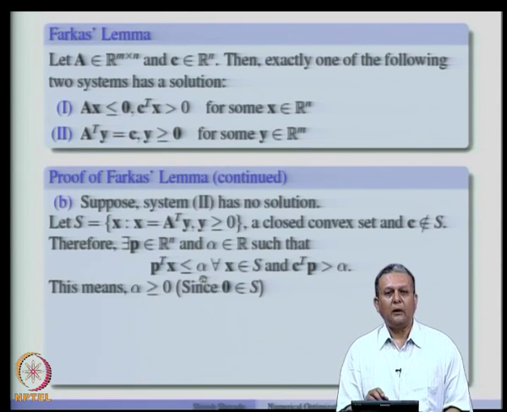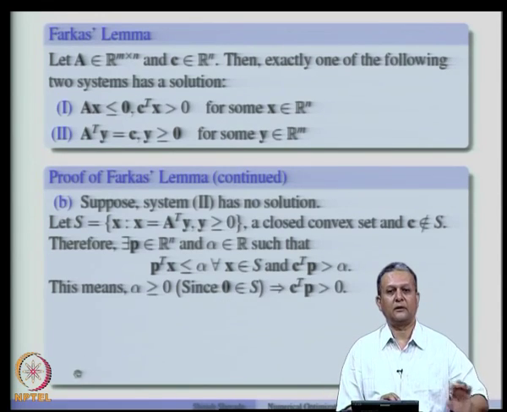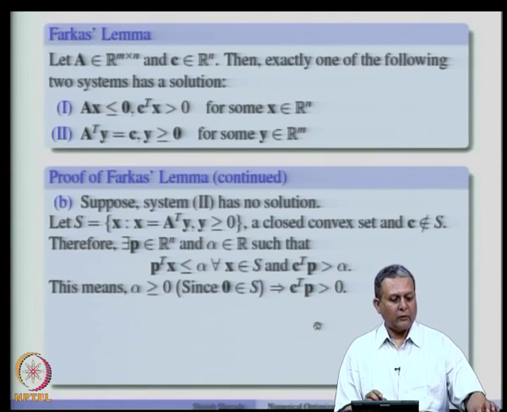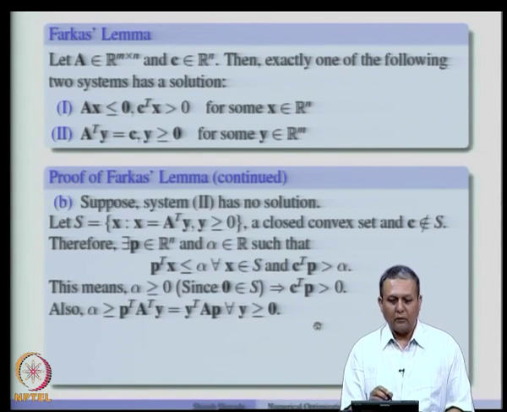So, alpha is greater than or equal to 0 since the origin always belongs to the set, and since C transpose P is greater than alpha, C transpose P is always greater than 0.